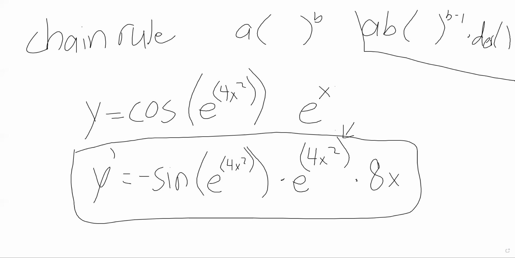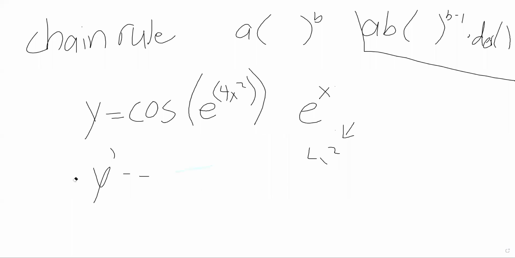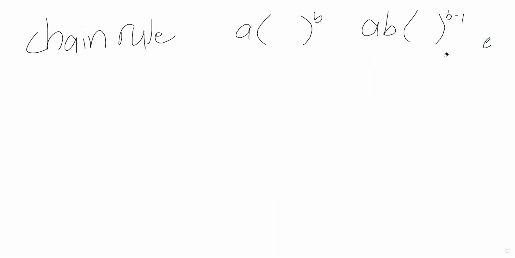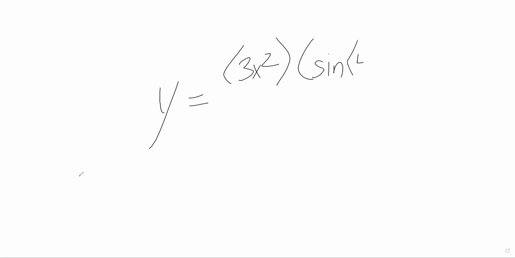That was a rough one, but if you're able to follow along with that, you can do any chain rule. And then when it comes to doing product rules inside chain rules, or product rules within quotient rules, if you have something that looks like this, 3x squared times sine of 4x over, I don't know, e to the x, this is a mess.